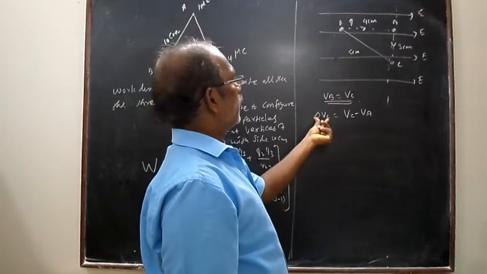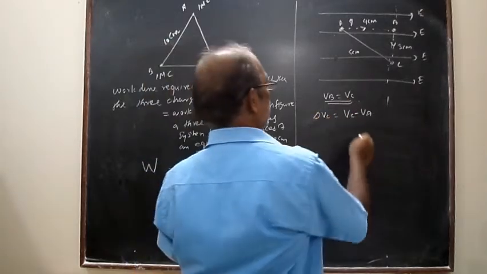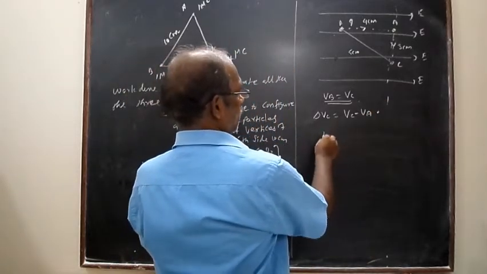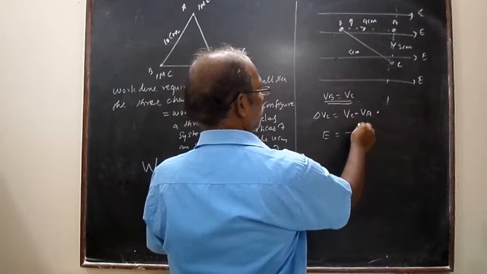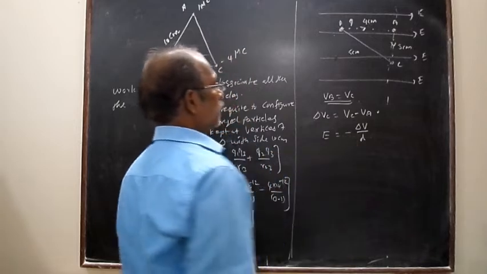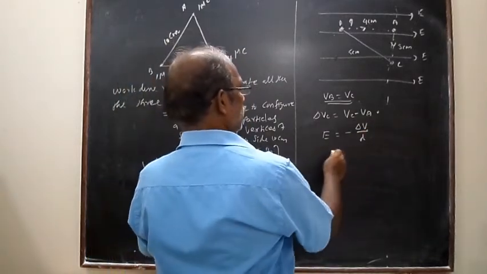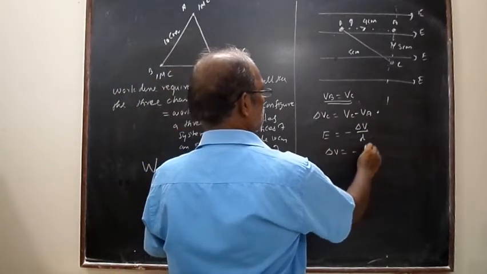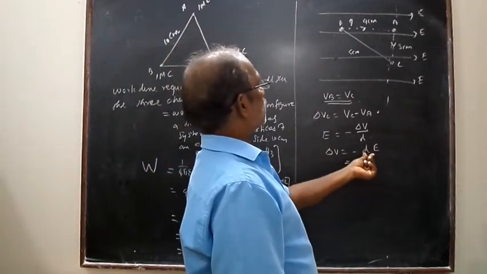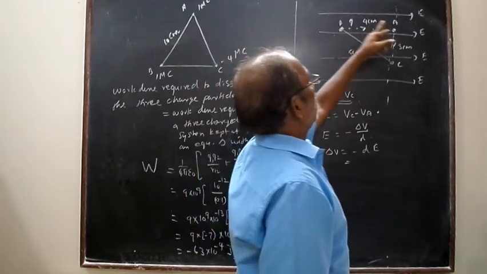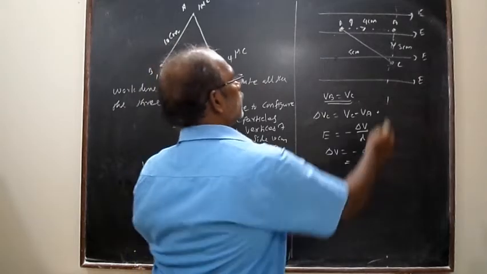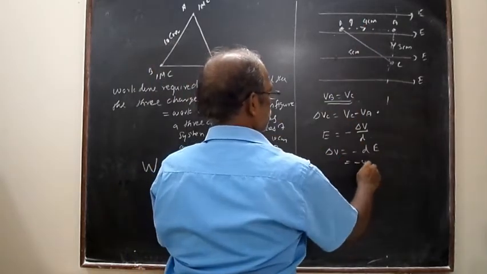Then from the known concept, electric field equals negative potential gradient. Using this, delta V equals minus d into E, where d is the distance between A and B, or A and C. Both are at the same potential, meaning the distance is equal to 4 centimeter, so minus 4E.